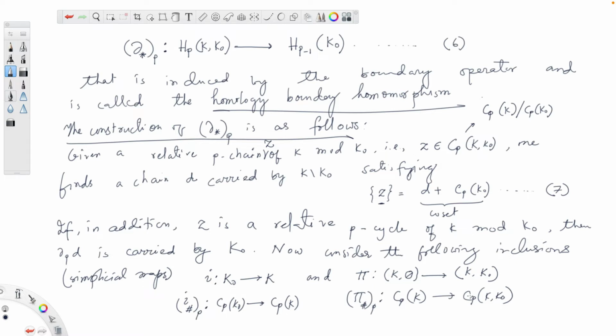So these are both induced chain maps. This is a projection map, and this is the canonical inclusion.